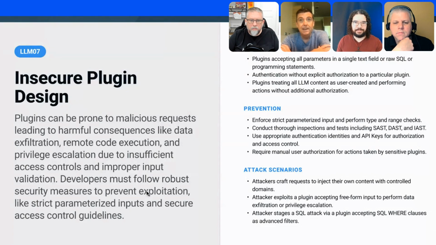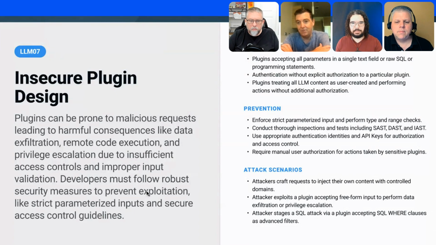So one is, let's say I'm the provider of a plugin. What should I be aware of in terms of what I'm getting passed and what I'm passing back? Because one of the things is these architectures support things like chaining. So I might be thinking, well, I'm getting something from a trusted entity, I'm getting it from OpenAI.